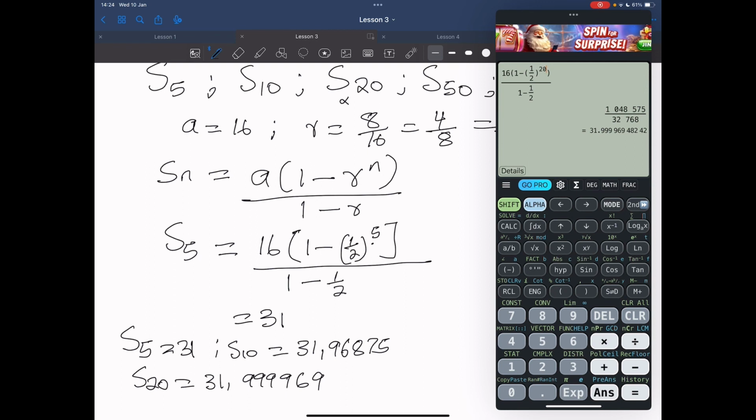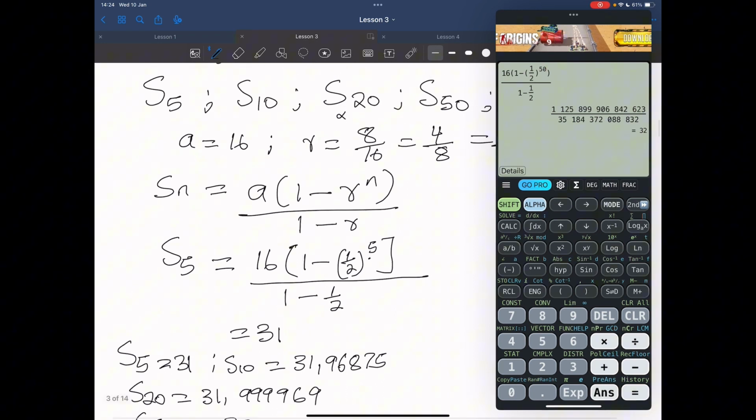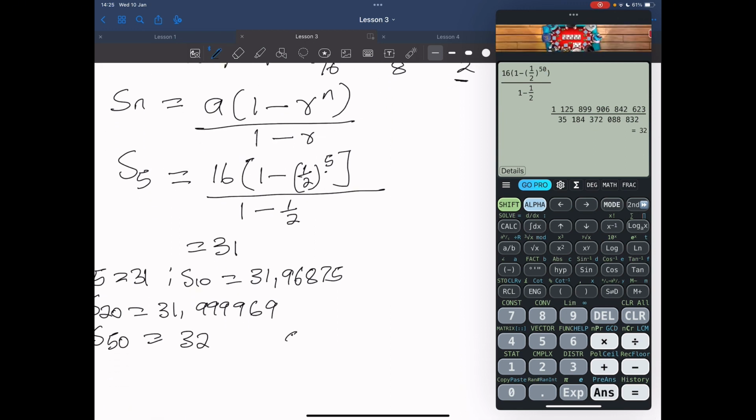So we can just delete the 20 and put a 50. Wow, so sum 50 is exactly 32, right? Let's go to sum 100. We are just going to substitute the 50 with the 100. So sum 100, it's also giving us 32.